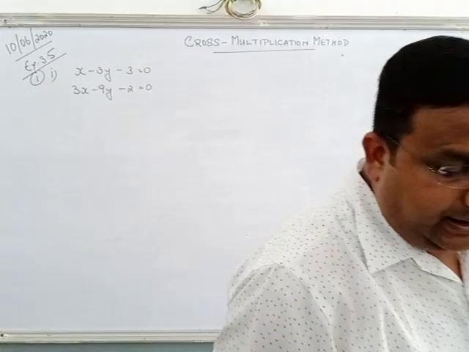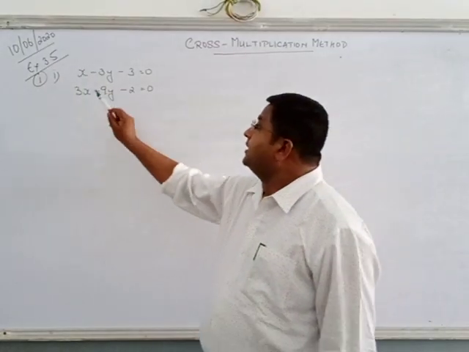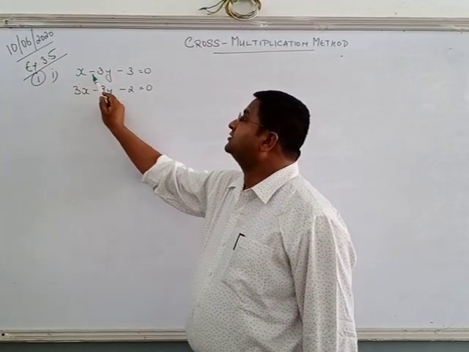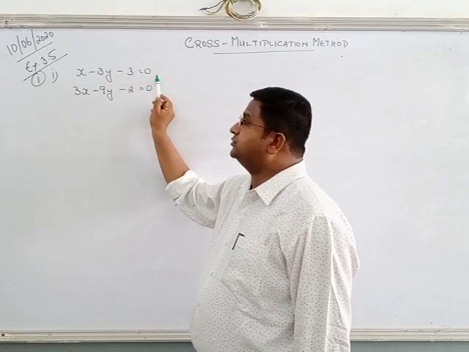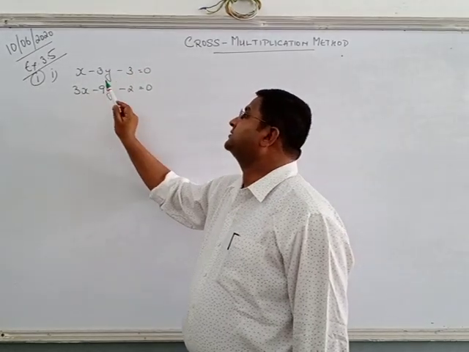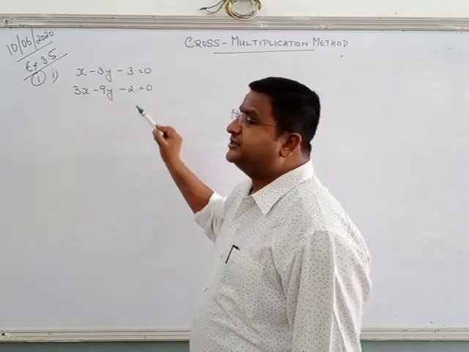Both of these are in the standard form: A1 x plus B1 y plus C1 equals 0, and A2 x plus B2 y plus C2 equals 0.